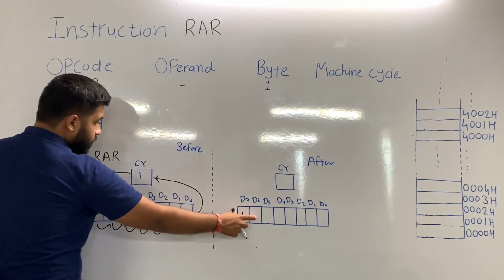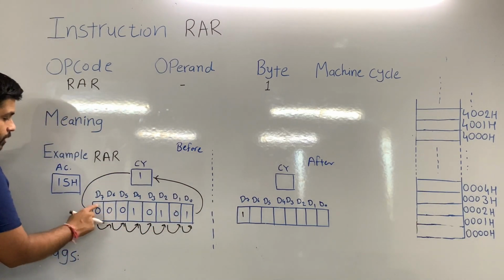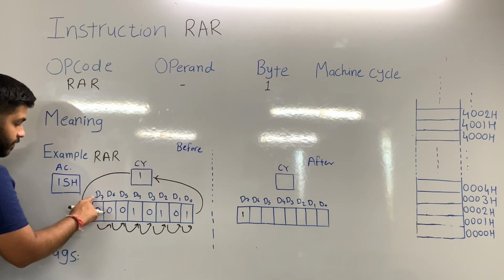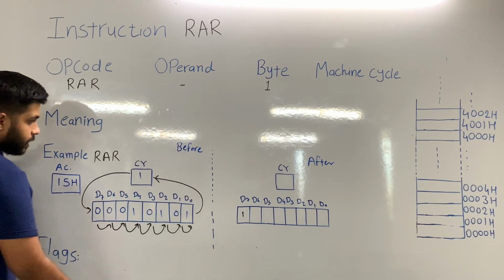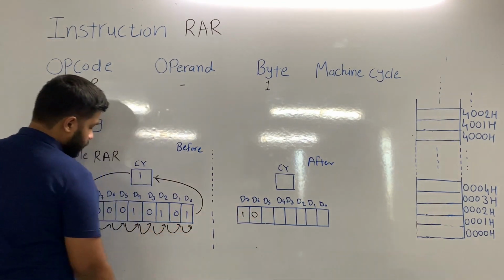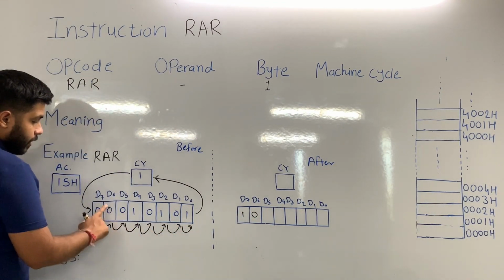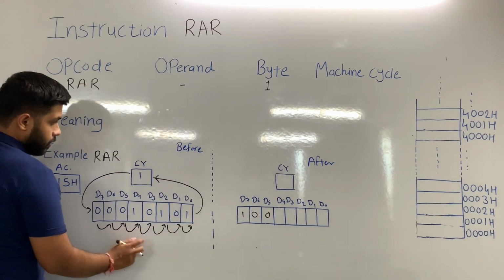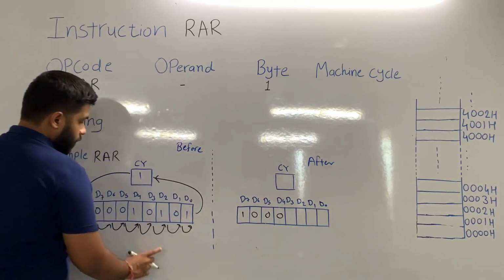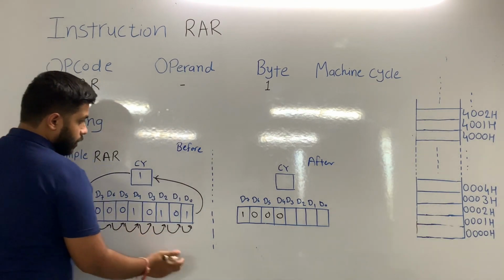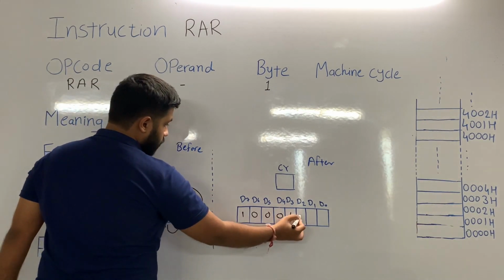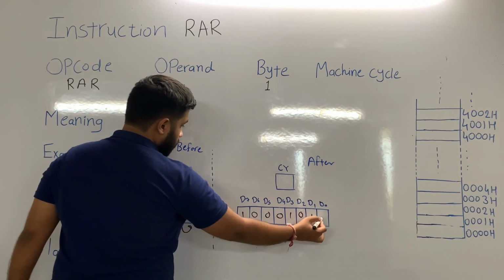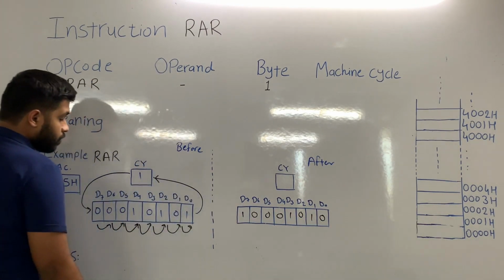You can see that in D6 the bit D7 is shifted. So in D6 there will be 0. In D5 there will be 0. In D4 there will be 0. Then in D3, D2, D1, D0: 1, 0, 1 and 0.